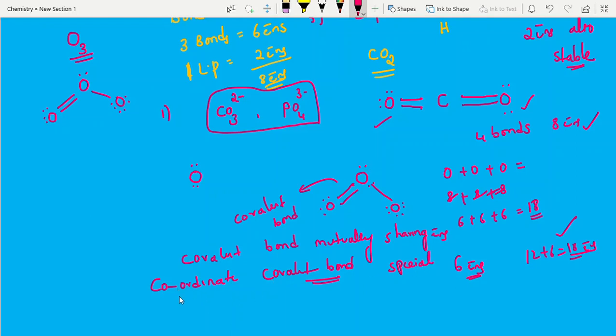I will do one video based on the coordinate covalent bond. In this, only one atom gives or shares the electrons. But in the above case, 2 atoms share equally. In the below case, only one atom is sharing electrons.